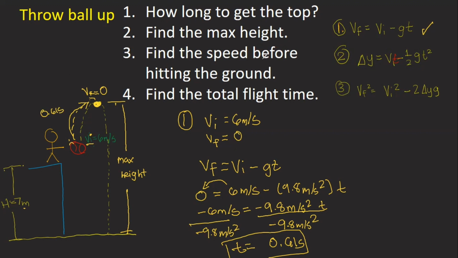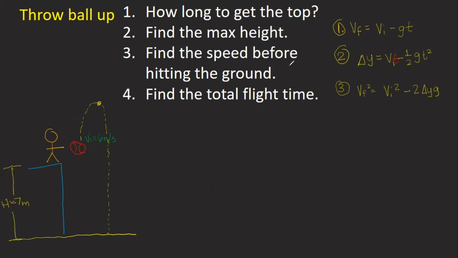Now, let's solve the next question. Find the maximum height. So we're looking for the maximum height here. This is the maximum height being reached by the ball. So what is the maximum height?